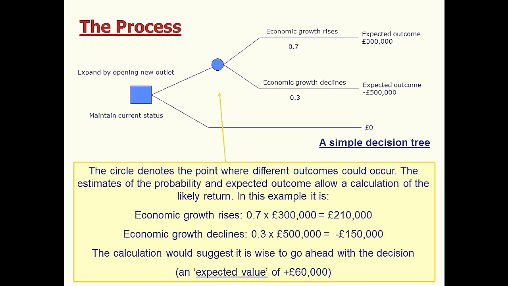So 210,000 plus negative 150,000 gives us a value of positive 60,000. And if this negative 150,000 was a positive value, then we would have added it to 210,000, as we will see in our further examples. So the simple expected value of opening up a new outlet will be 60,000.